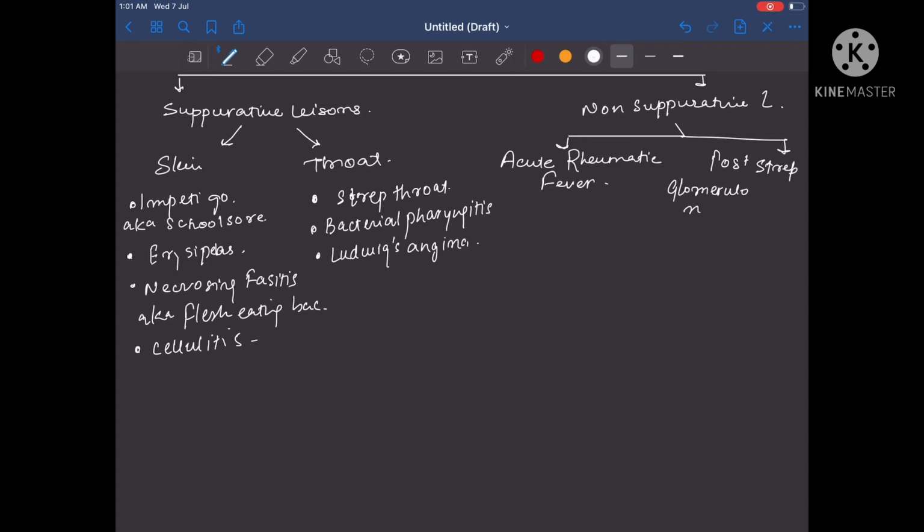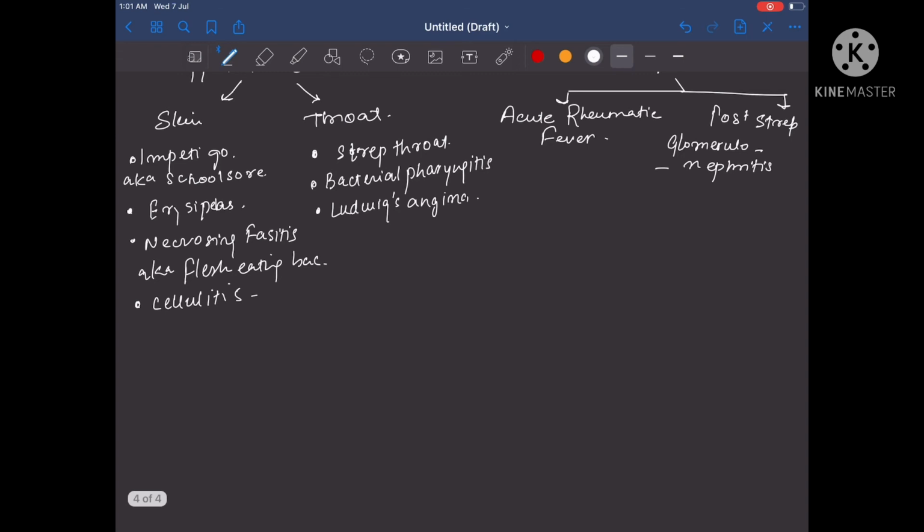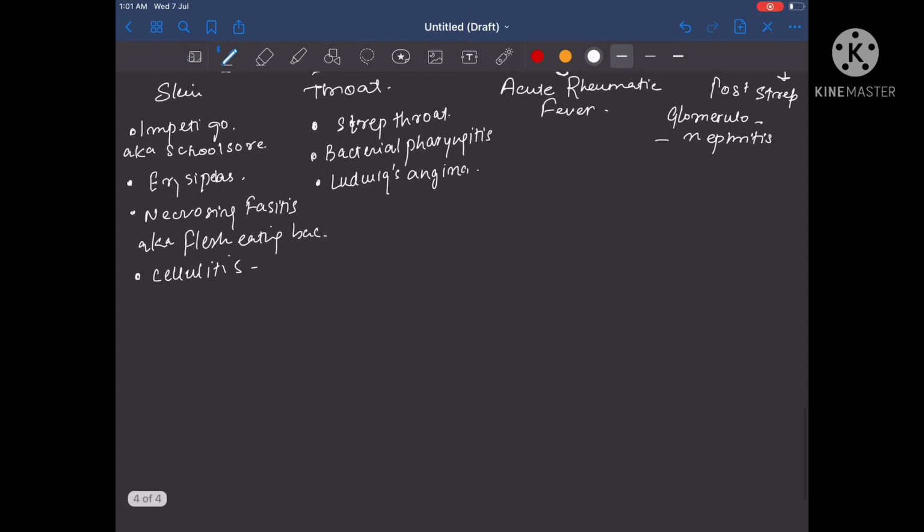We will be describing these two and comparing them here. Acute rheumatic fever is basically a sequel of sore throat. That means the sore throat occurs first, which is followed by acute rheumatic fever.